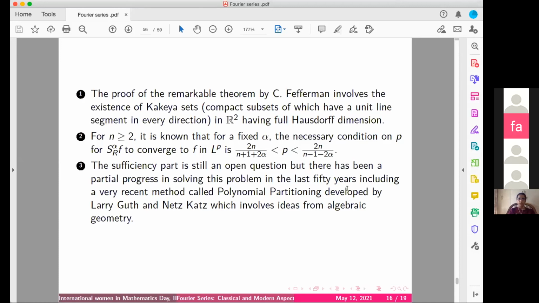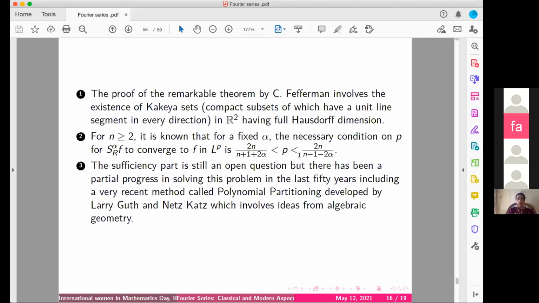Very recently, Larry Guth and Ned Katz developed a method called polynomial partitioning, which involves ideas from algebraic geometry. They have been able to use this method very efficiently in proving lots of open problems, and it also helps to prove this conjecture for some range of p.